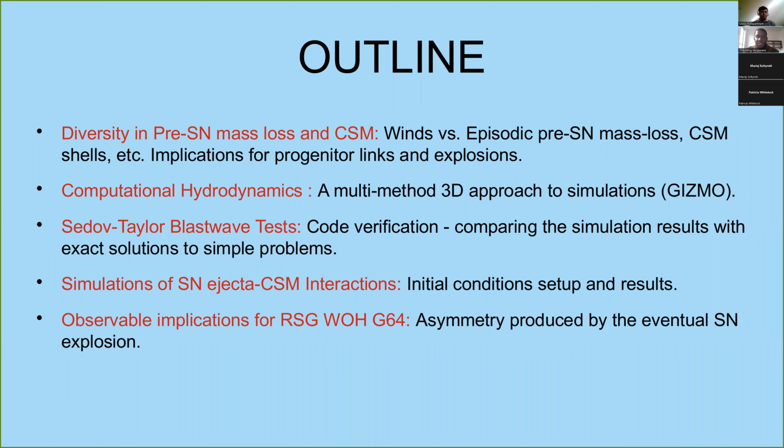This comes from how the stars evolve, whether in terms of winds or episodic mass loss, and there could be an implication in the type of progenitor stars leading up to a supernova explosion.